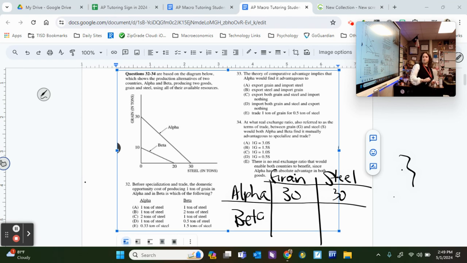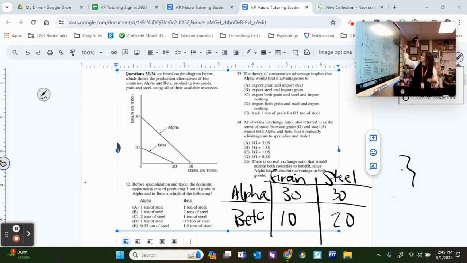Beta is a little slower. They can only make 10 grain or 20 steel. Looking at question 32, it is going straight into opportunity cost, which is comparative advantage. If this were absolute advantage, alpha would have the advantage in both grain and steel because they can make more. But it's going straight into opportunity cost.